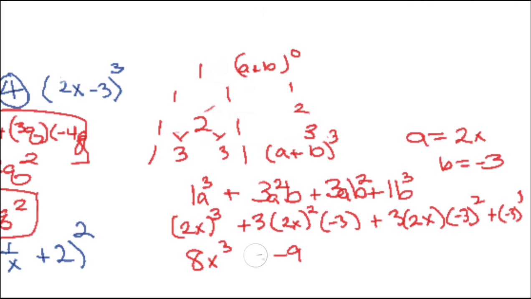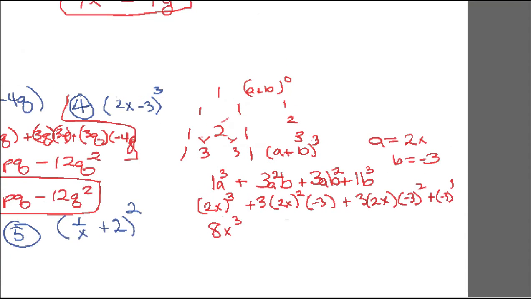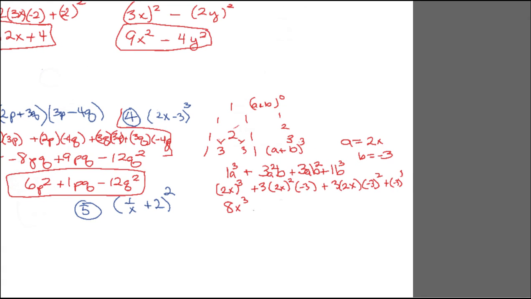So we can erase that plus sign right there. -9 times the 4x squared when you square that 2x. And then here we're going to have a 6x times a 9, minus 27 when you cube that -3. And then you get 8x cubed minus 36x squared, and then plus 54x minus 27.